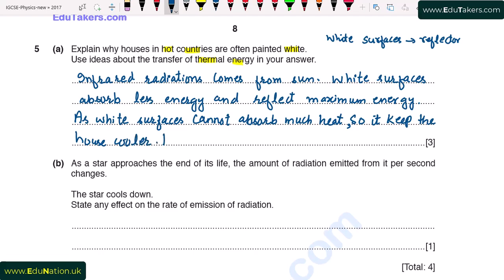Heat energy cannot be transferred from sun to buildings.